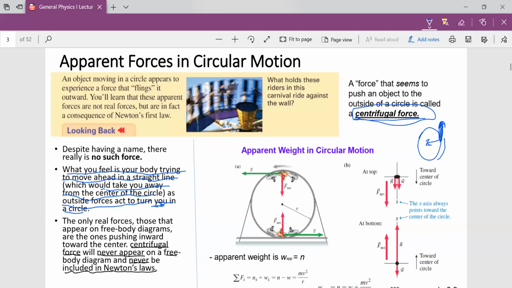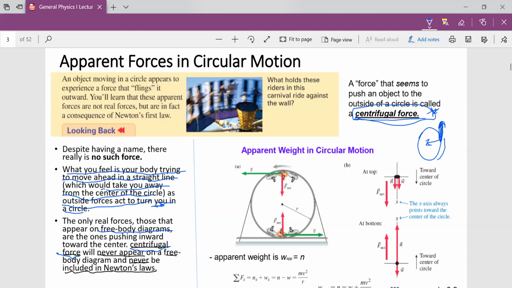One thing about this force: because it's apparent, it's not real, we do not include it in the free body diagram. For the free body diagram representation of forces in circular motion, we do not consider the apparent force because it's not real, it never appears. So we don't consider it.